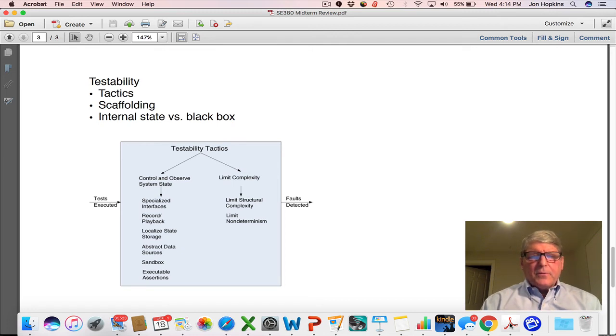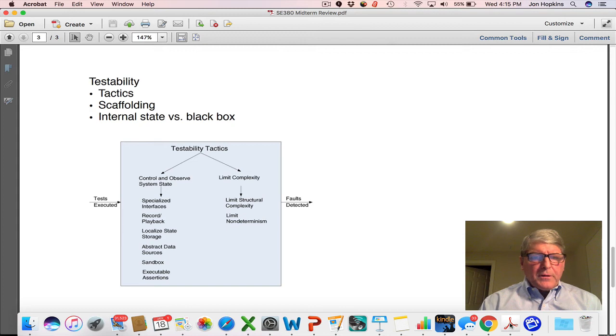And so therefore we're detecting the faults. So you want to know that sort of chain of inference, that fault is a result of a mistake made, and then the fault creates an observable error.